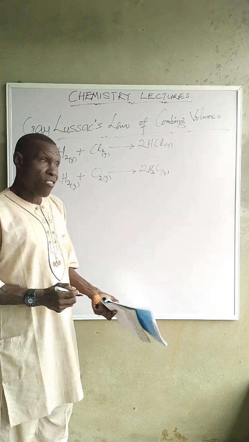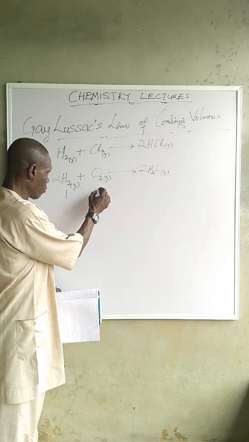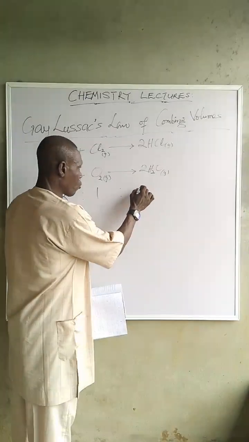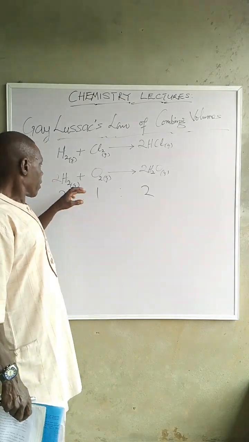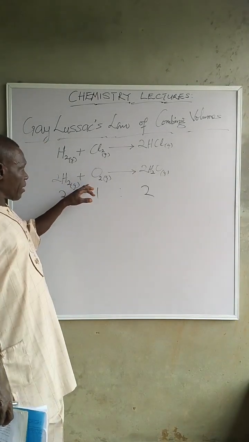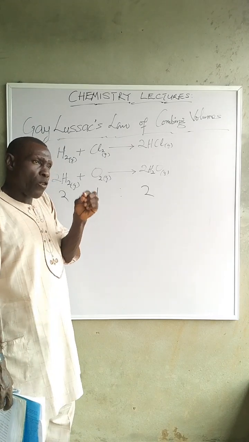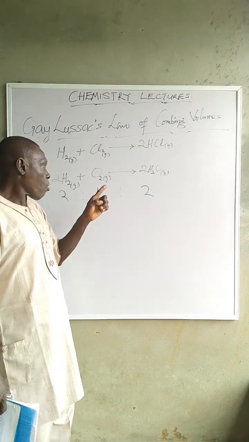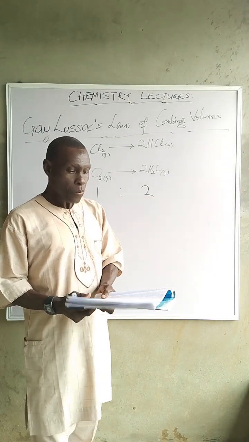If you are going by the ratio, it means 2 to 1 to 2. It is not compulsory that the volume of the product produced must be equal to the volumes of the reacting gases. That's what it's telling us in this second part.